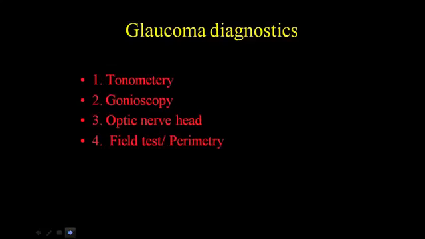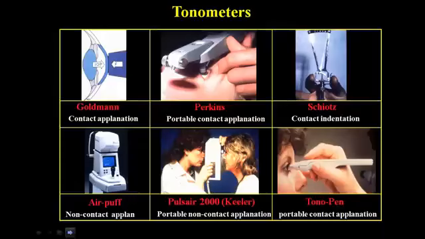Let's talk about the first technique, that is tonometry, or the measurement of intraocular pressure. We can classify the tonometers into contact and non-contact tonometers, or we can classify them into indentation and applanation tonometers. Now, indentation tonometers include the Schiotz tonometer, which takes the intraocular pressure by indenting the cornea, whereas applanation means flattening of a surface.